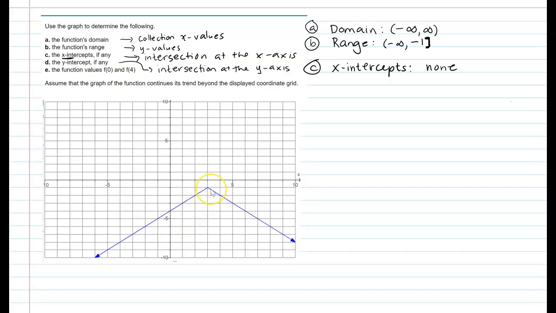So, does the graph intersect the y-axis? Does it cross the y-axis? Yes, it does. It crosses the y-axis at this point here. And what is that point? That is the point when y is -4. So letter D, we have the y-intercept.